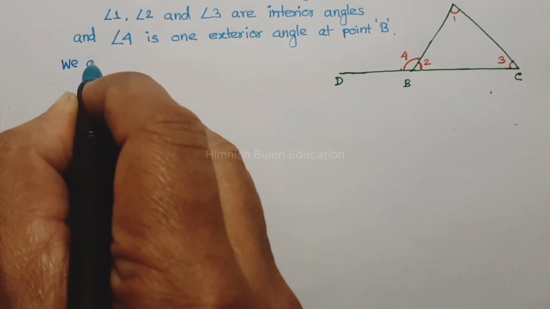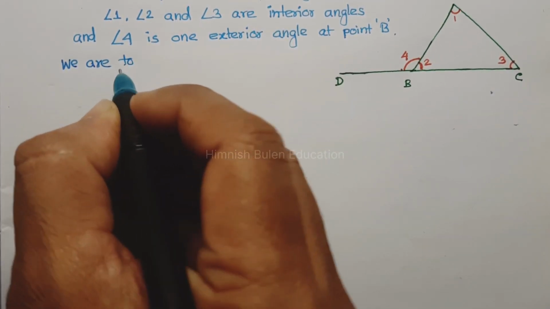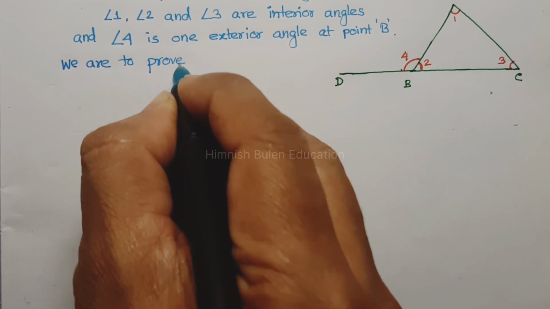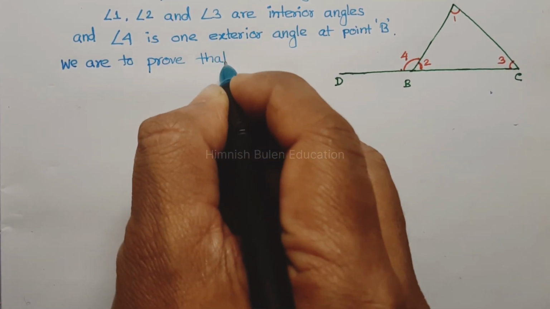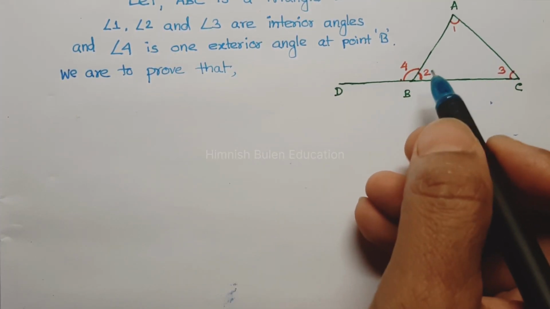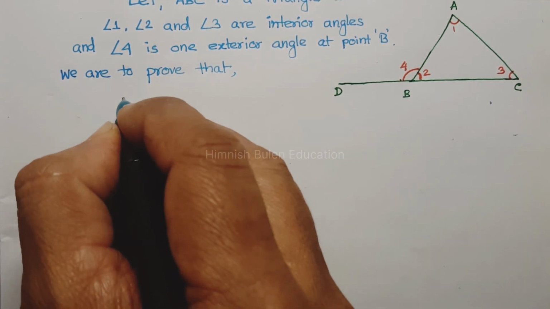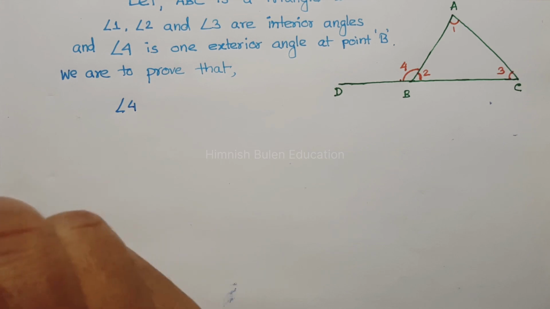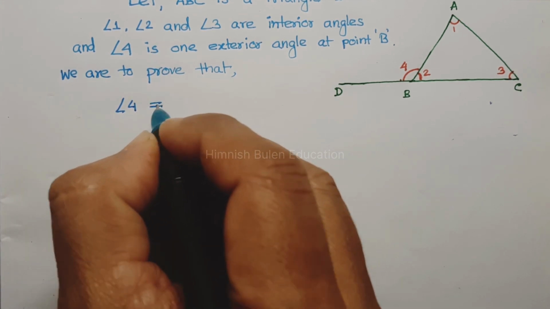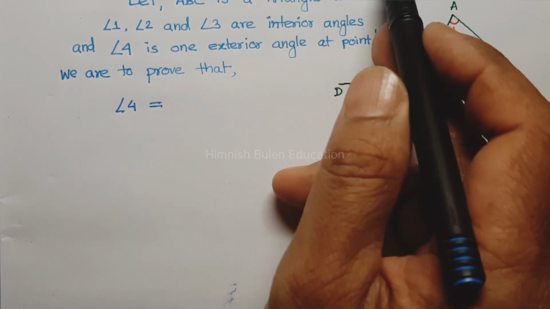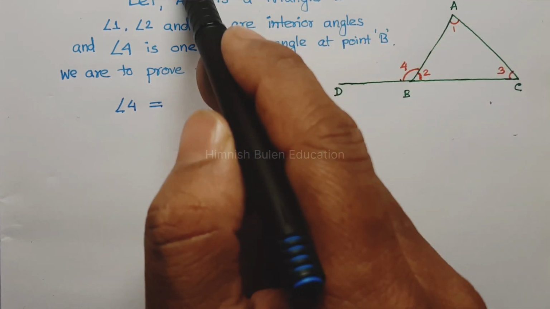Now we are to prove that this exterior angle, angle 4, is equal to the sum of two opposite interior angles.